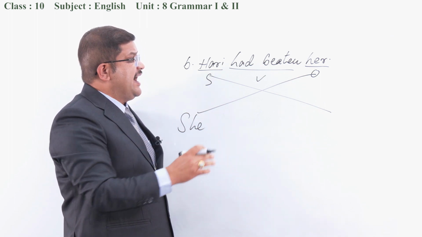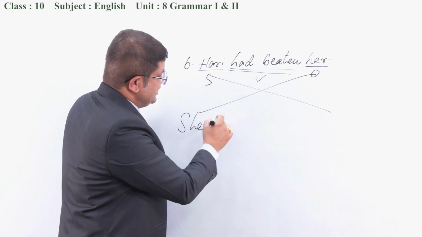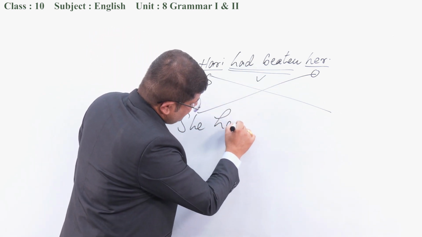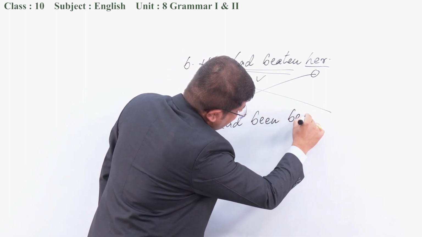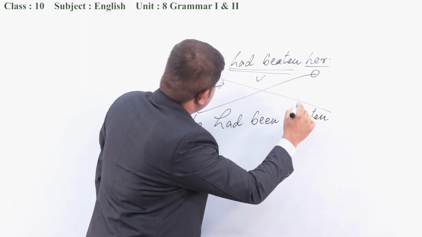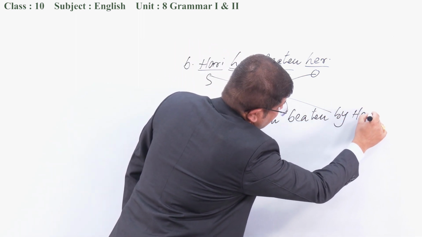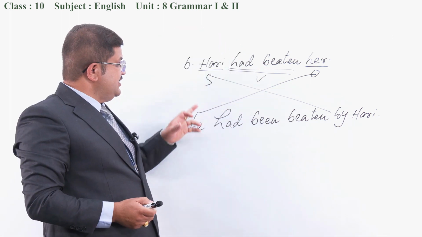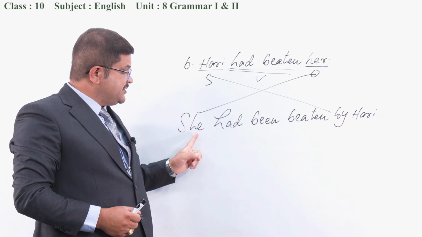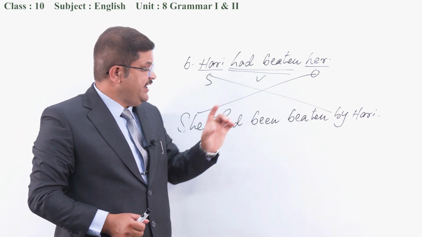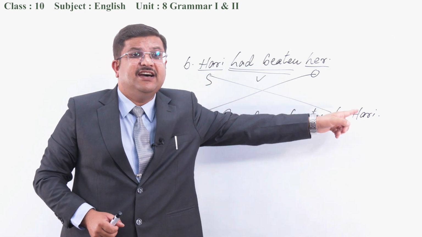When there is had beaten, when we change the sentence into passive structure, she had been beaten by Hari. Dear students, Hari had beaten her. The passive sentence of Hari had beaten her is she had been beaten by Hari.